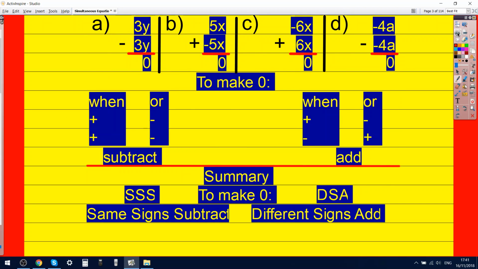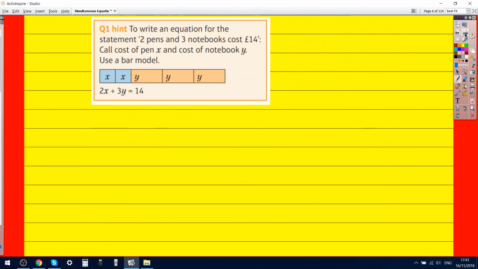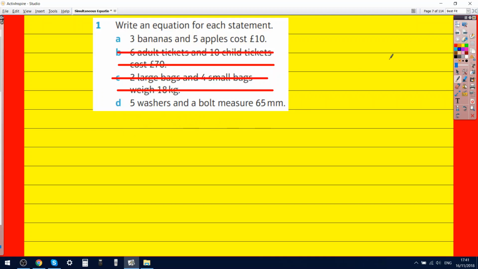I think you'll be fine for constructing them. So this one here, 2 pens and 3 notebooks cost £14. You can write it as 2x plus 3y equals 14. You can write it as 2p plus 3n equals 14 and solve it.